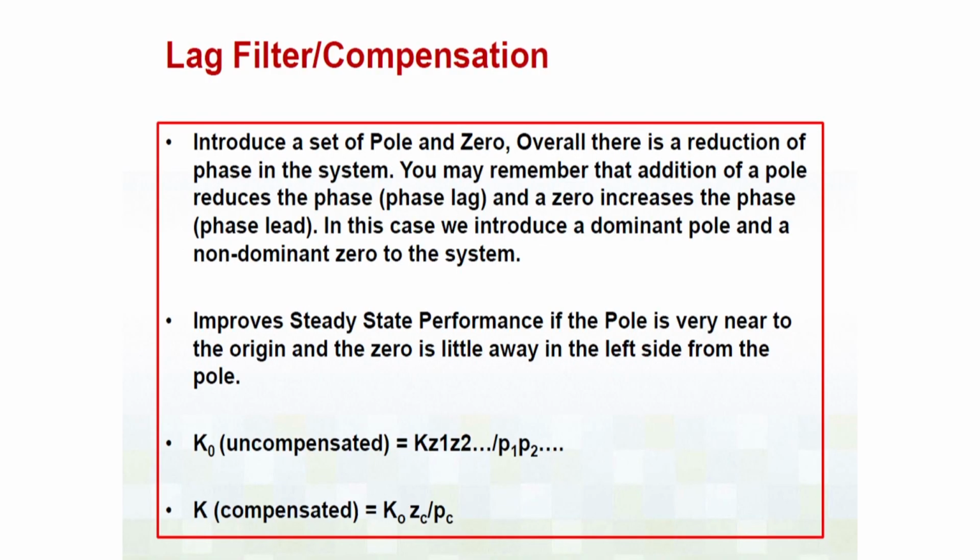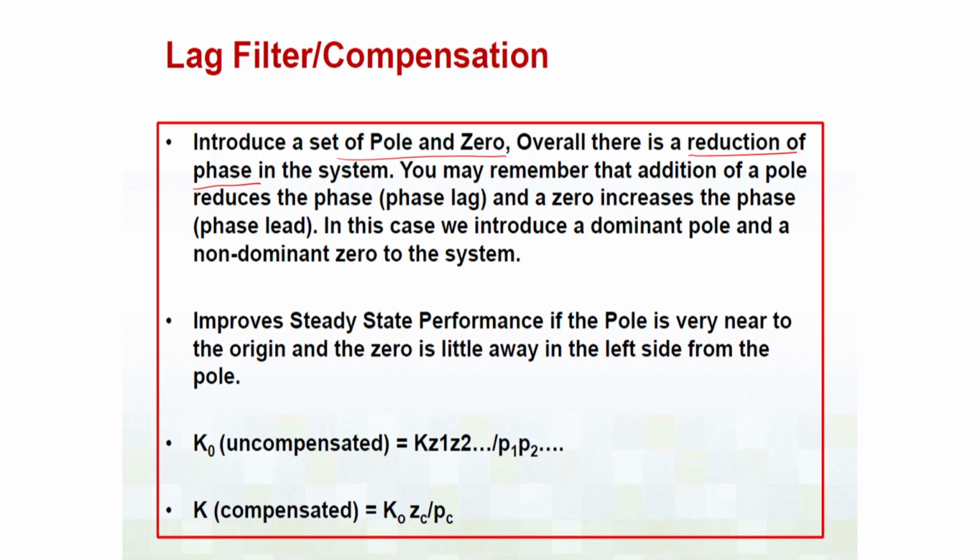In the case of lag compensation design, we will be introducing one extra pole and one extra zero. Overall, there has to be a reduction of phase in the system, which is why it is called lag.